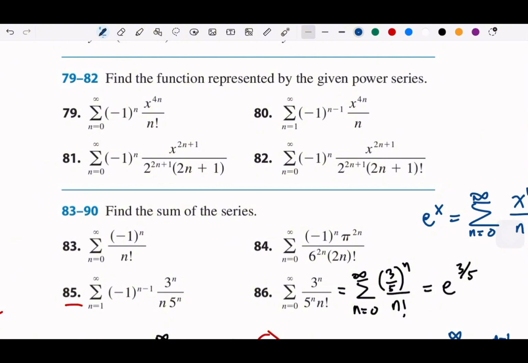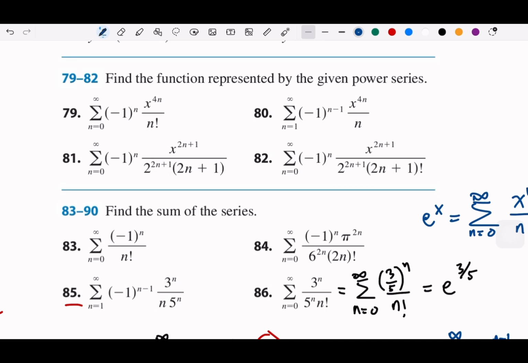So I think that's the best way to identify which one is sine and which one is tangent inverse. They look similar, but the difference is there is no factorial in the denominator. If you see any factorials, it could be sine, cosine, or e. They all have factorials.